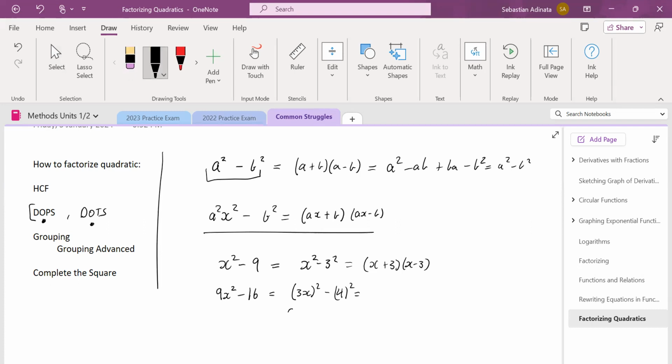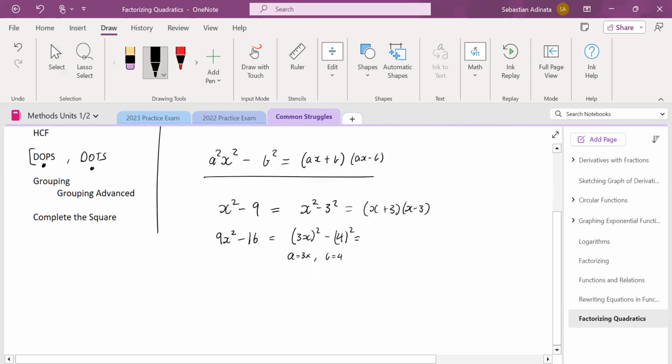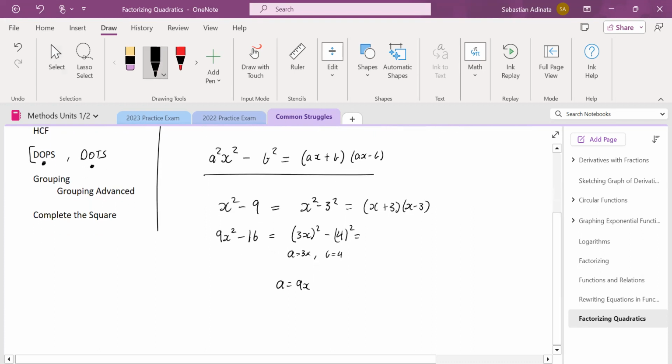So in this case, our a is 3x and our b is 4. Notice how our a is not 9x, but 3x. Very important. So that means this turns out to be perfect.